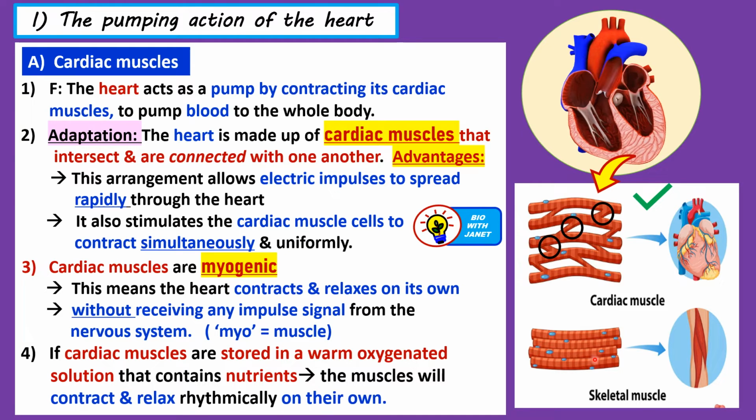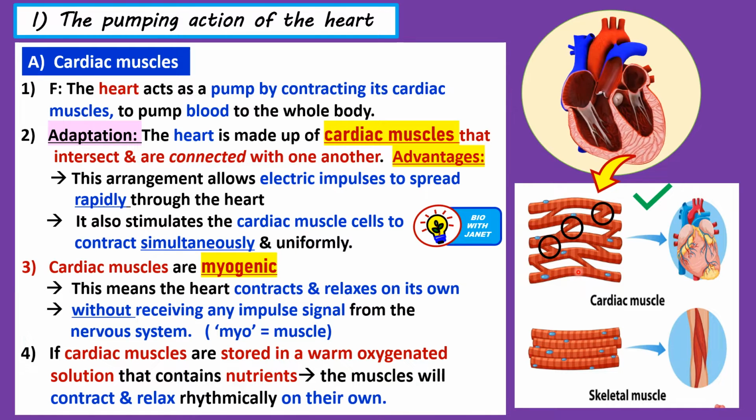Now, skeletal muscles need the stimulation, need the impulse from the nervous system to stimulate them so that they will contract. Without the impulse from the nervous system, the skeletal muscle will not contract.